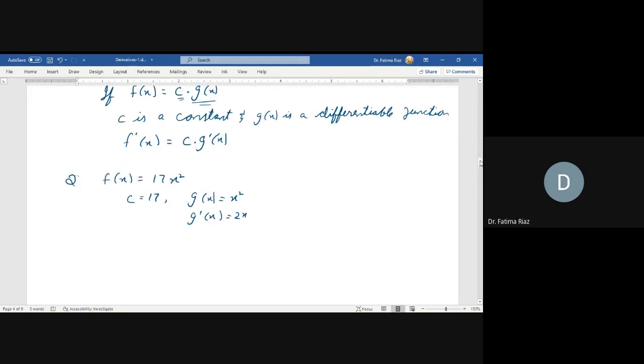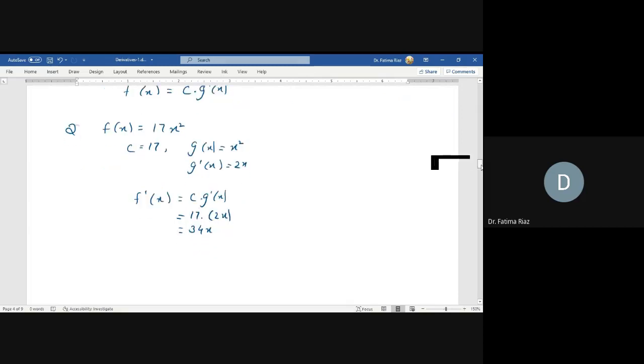So the f prime x can be written as c g prime x. What is c? C is 17, g prime x is 2x. Okay, I'm writing it in the bracket form, so I will multiply the 17 with 2. So what I get? 34x will be my answer.